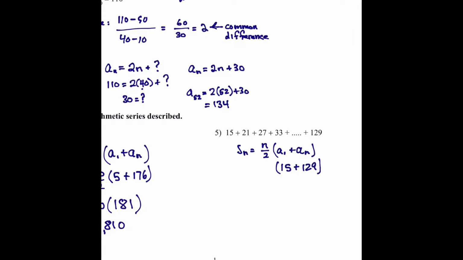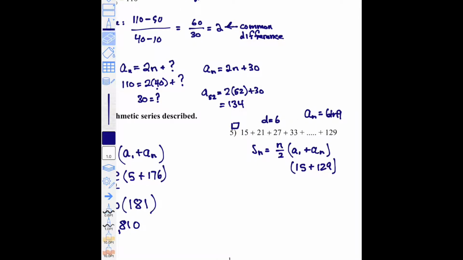So we know this is arithmetic, and it looks like the common difference is equal to 6. So we could find the nth term formula, which is 6n, and if there were a term in front of the first term, that 0 term there would be 9. So 6n plus 9 is the nth term formula.